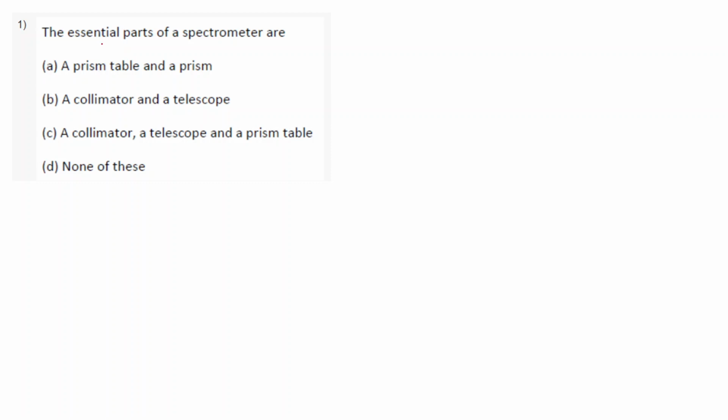Okay, so the first question is: the essential parts of a spectrometer are. As we have discussed many times, the essential parts of a spectrometer: the collimator, behind which we keep our light source, and then we adjust the slit of the collimator so that we get parallel light and a very narrow beam, so that we can consider this collimator as the source for our prism.